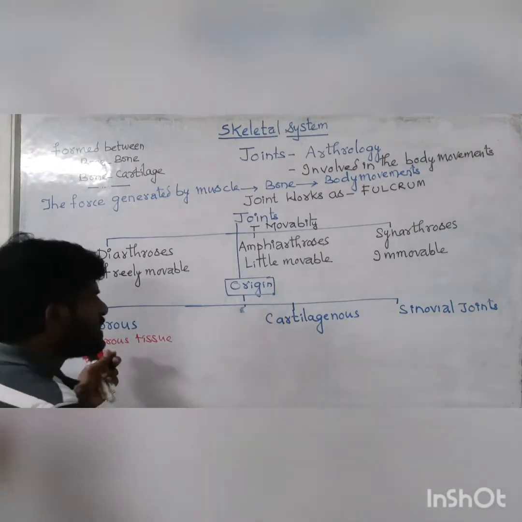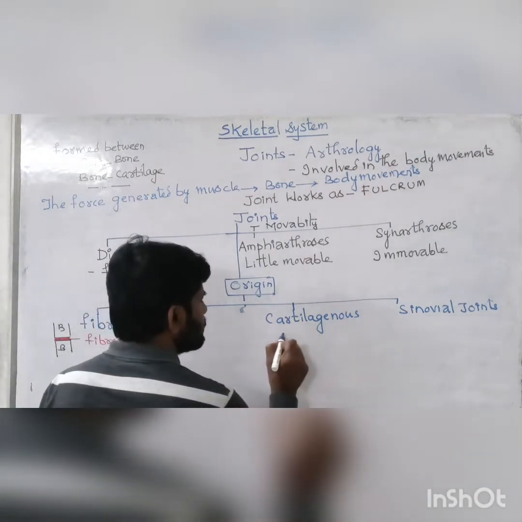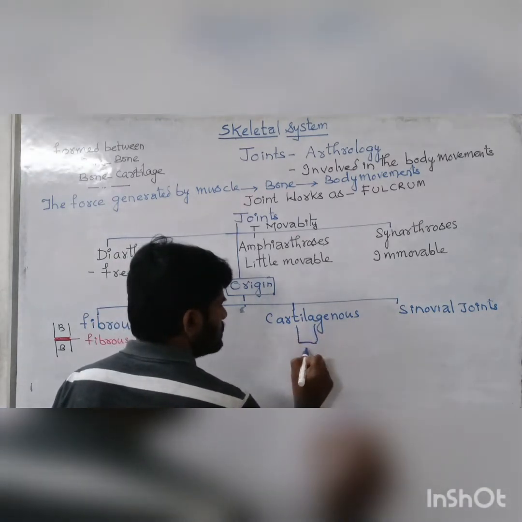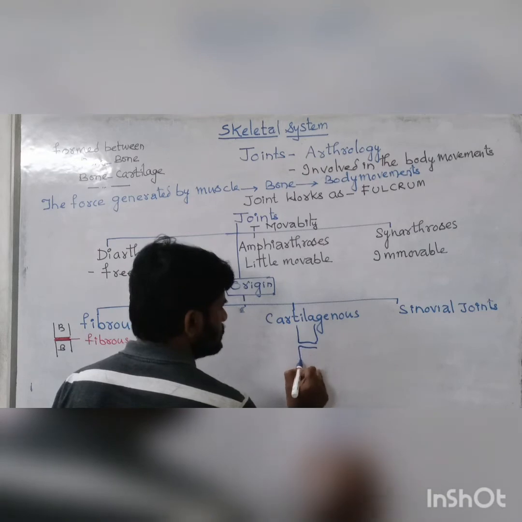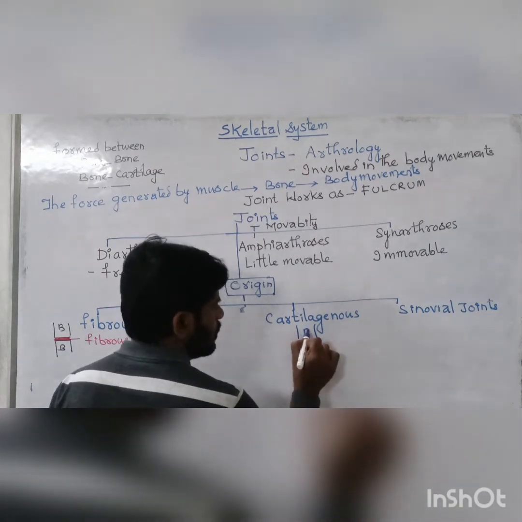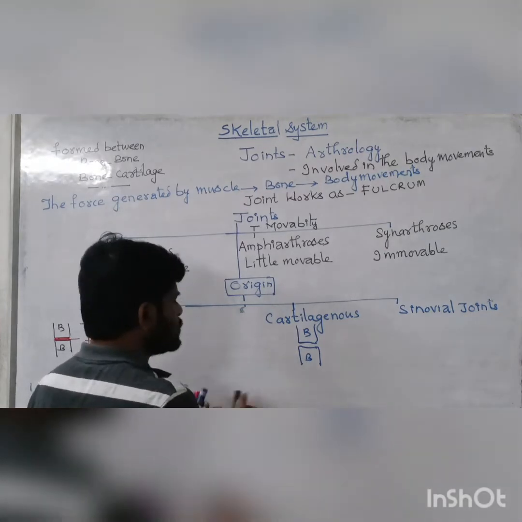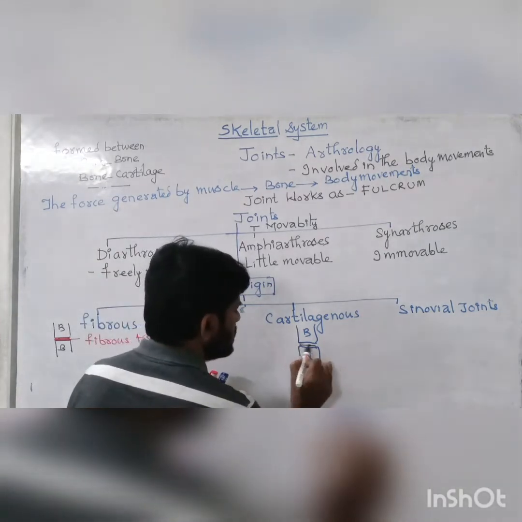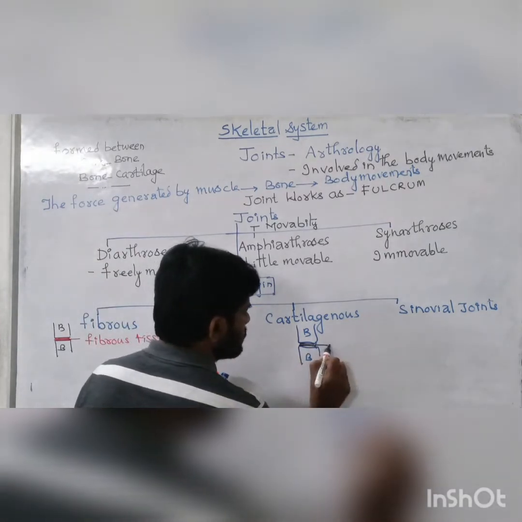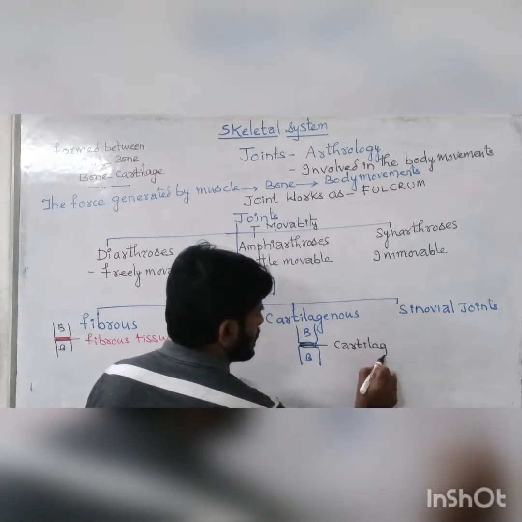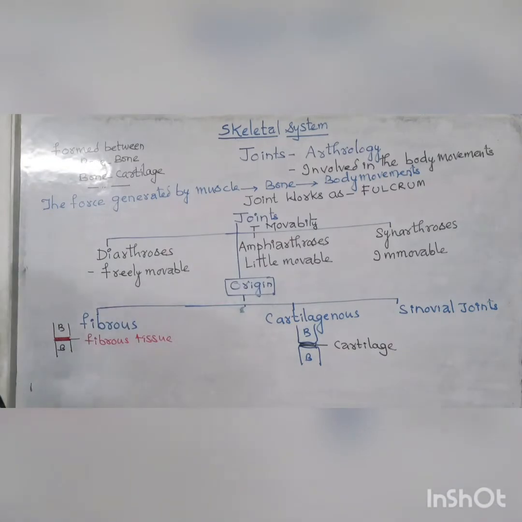But cartilaginous joints are those joints where, for example, this is a bone and this is another bone, but between these two, there is a cartilage. It is called the cartilaginous joint.